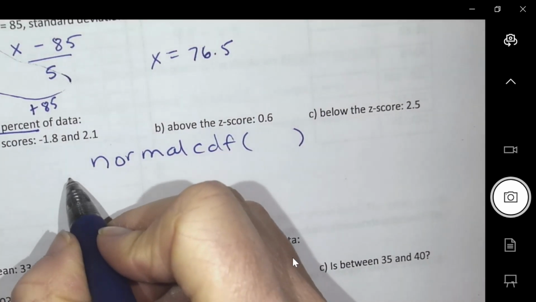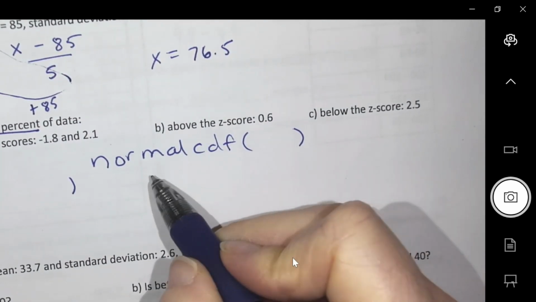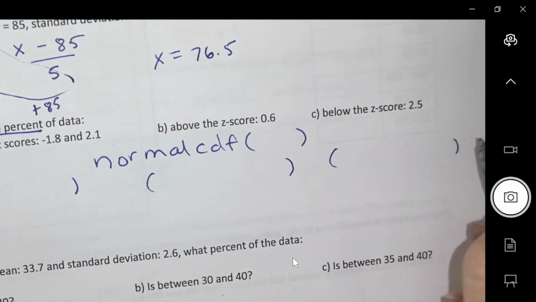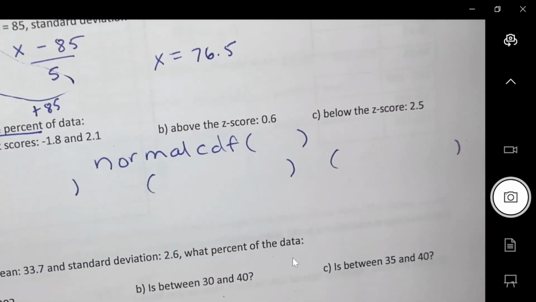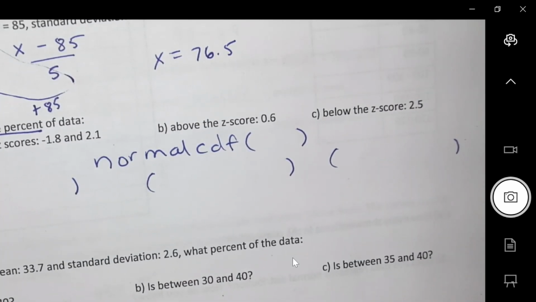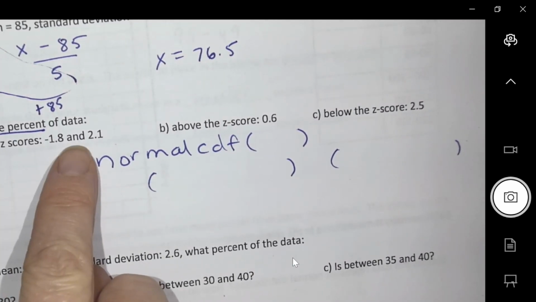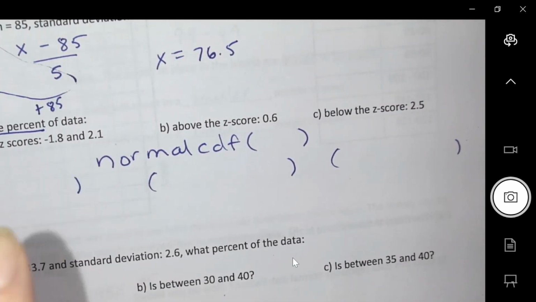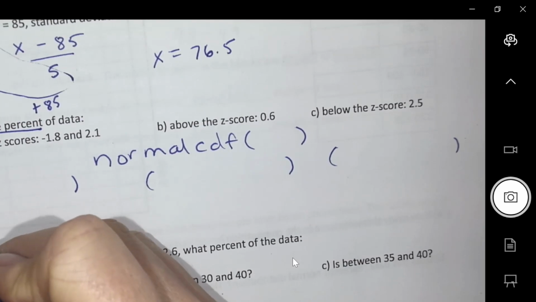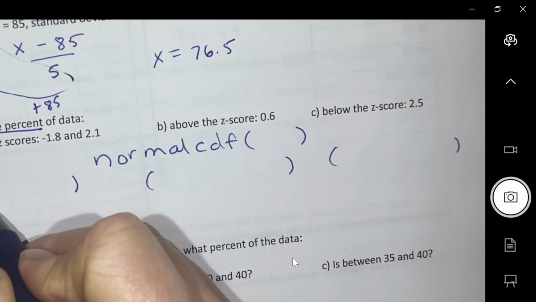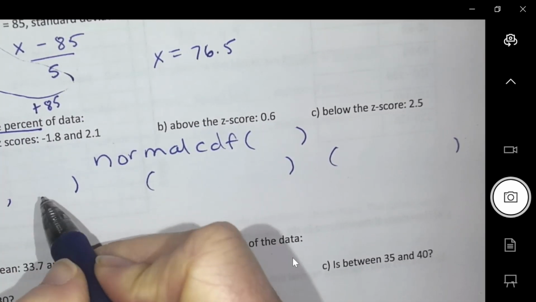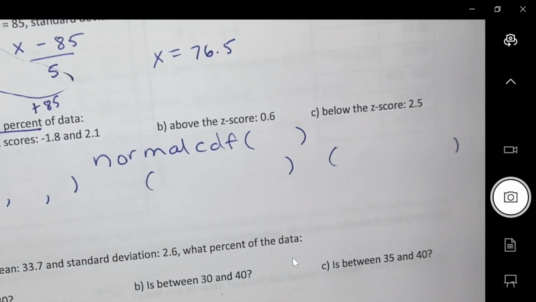Okay, let's talk about our brackets on each. I'm going to use normal CDF between this z-score and this z-score. So I'm going to go from negative 1.8, comma 2.1, comma something, comma something. What do you put in there now? The mean and then the standard. What is our mean? What is our standard?